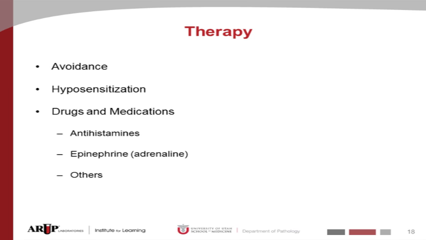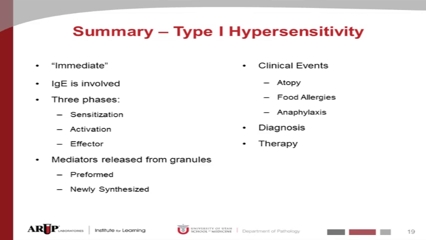Some others are bronchodilators such as theophylline, which are useful in asthma, steroid hormones, which reduce inflammation, and recombinant IgE antibody therapy.